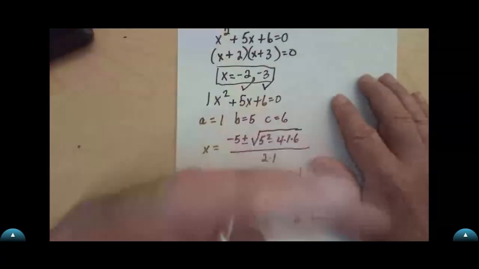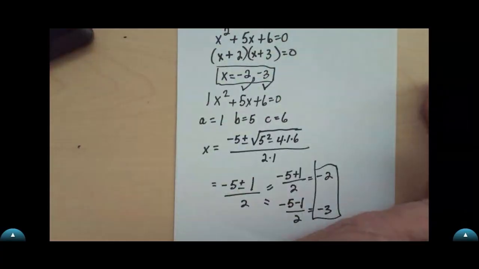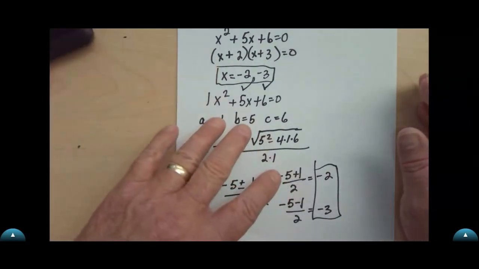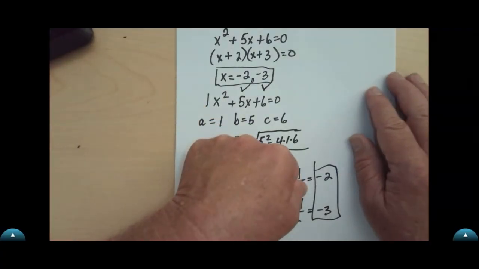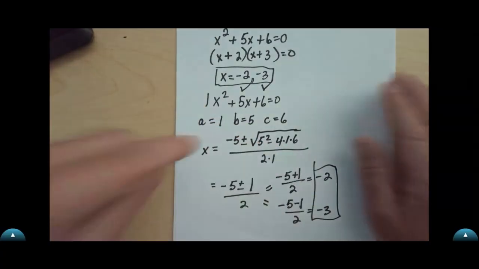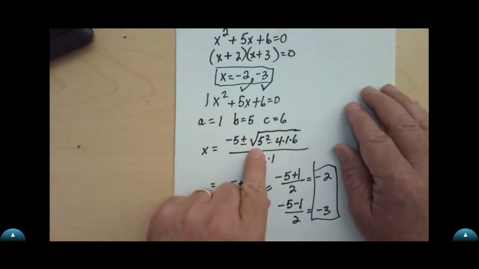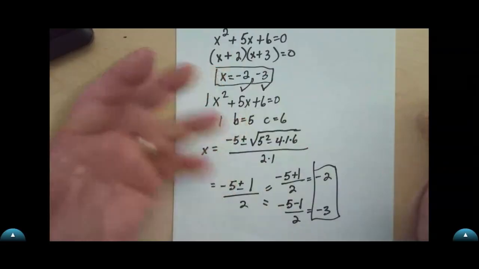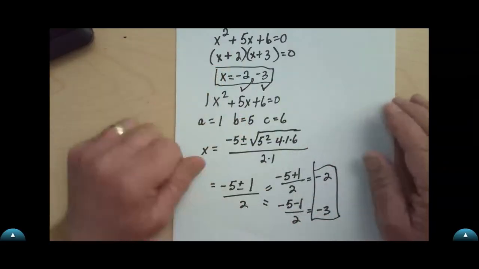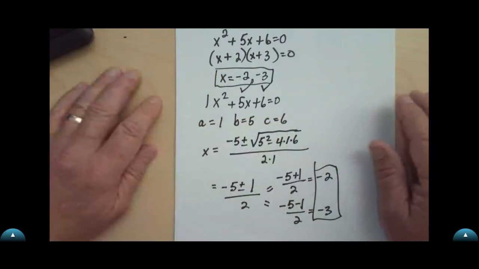You just plug numbers in exactly where the formula tells you to. That's the upside. The downside is you do have to be able to do arithmetic accurately, because if you're that student that always makes little arithmetic mistakes when you start doing 5 squared minus 4 times 1 times 6 or something like that, then you're going to make arithmetic mistakes and arrive at the wrong answers anyway.